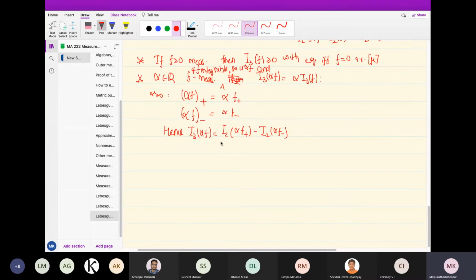So now I can conclude that this is alpha times I2 of f plus minus alpha times I2 of f minus, which, pulling out an alpha, gives you alpha times I3 of f. Okay, so what happens if alpha is negative? Then what is the positive part of alpha f?